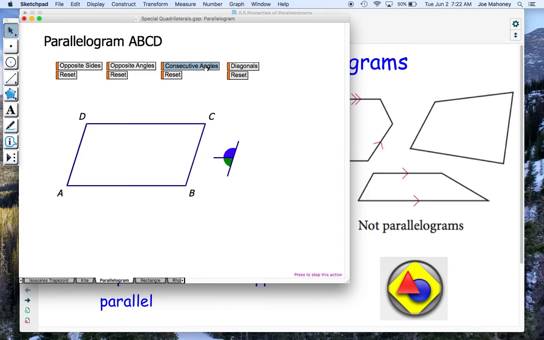Oh, we've seen that before. Look at what those two angles do. I don't think they're going to be the same. Just by inspection, one's acute and one's obtuse. But notice when we click them, they form a straight segment. So if you said consecutive angles are supplementary, you're awesome.